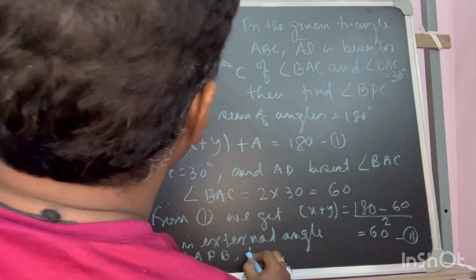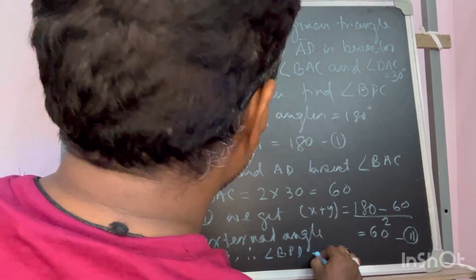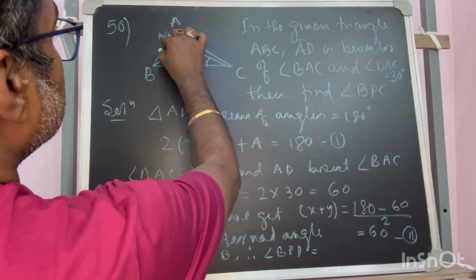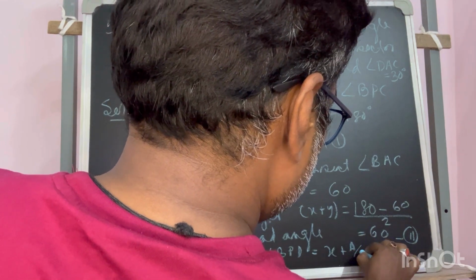Therefore angle BPD is equal to the sum of these two. So this is equal to X plus A by 2, I can write.